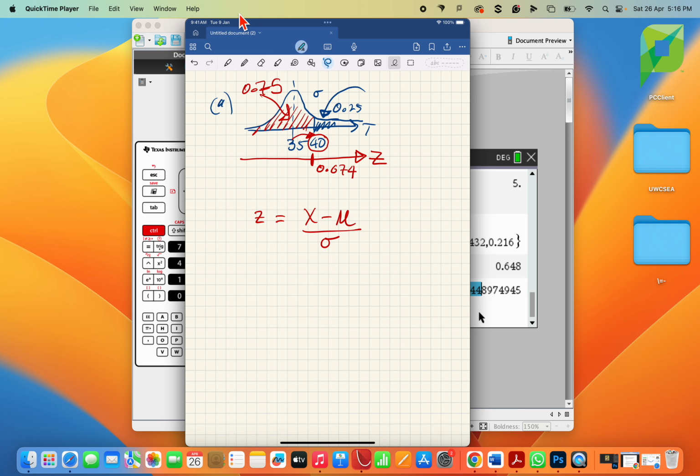Okay, so the z value was 0.674. The x value is the 40. The mean is 35. And the standard deviation is here. So we eventually get just to this calculation. Right, then we can go and solve for sigma.